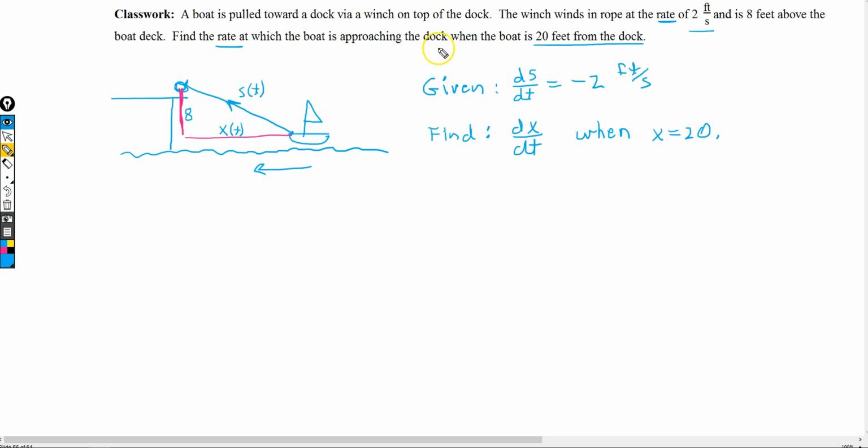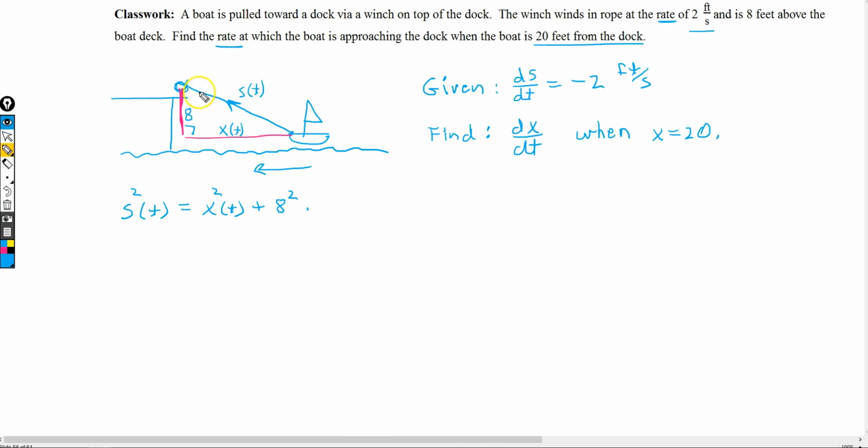That immediately tells you you're looking for a derivative. Now for the equation that relates x and s, we see a right triangle here again, so we want to use the Pythagorean theorem.